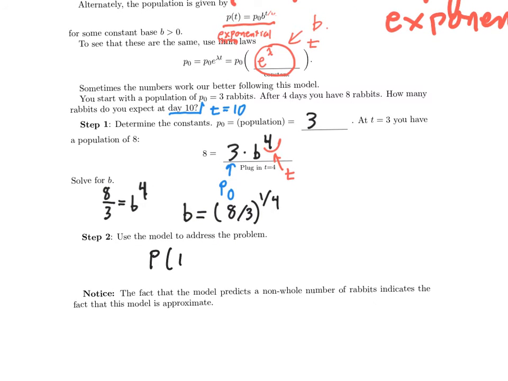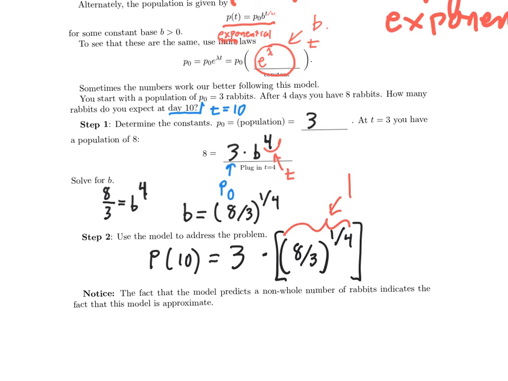Population at time equals 10 is equal to p0, which is still the same as it ever was. It's still 3, times b, which is 8 over 3 raised to the power 1 over 4. It looks complicated, but don't worry, it's fine. I need to take that and raise it to the 10th power.